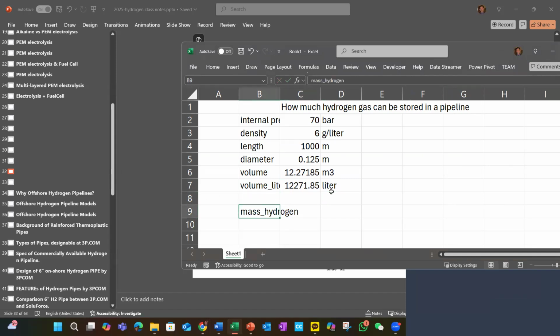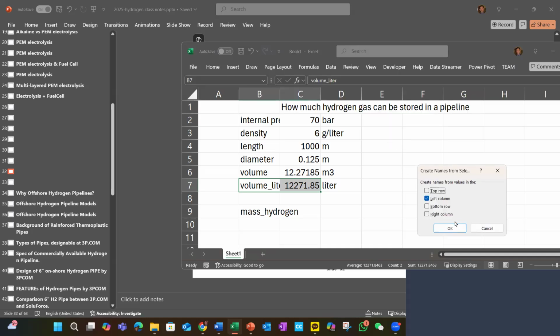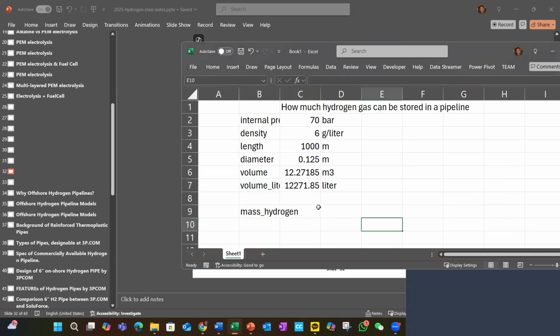And now the mass of hydrogen will be simply the volume. Oops, we don't have a name. Okay, this one equals the volume in liter, now multiply by the density.